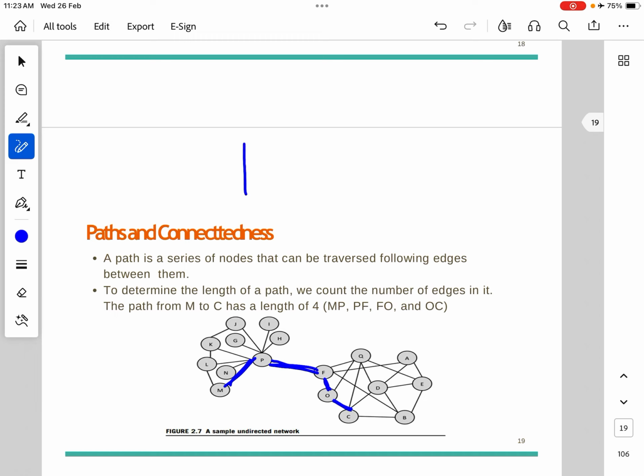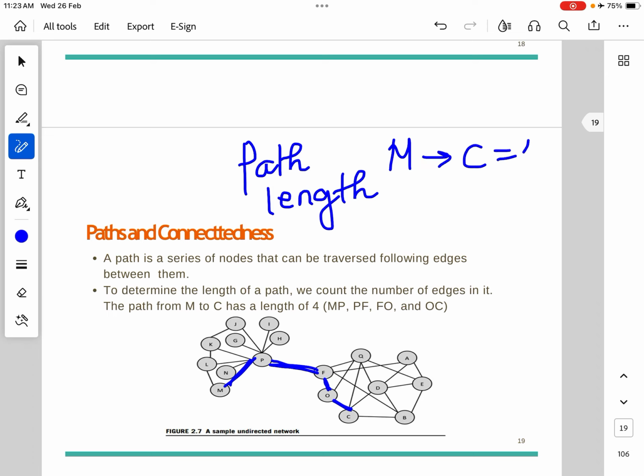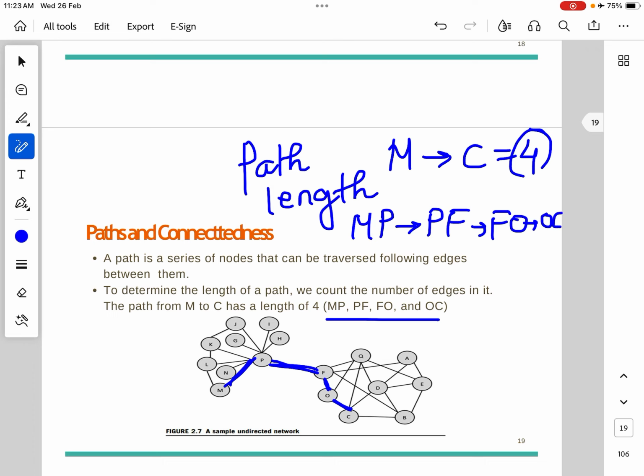This is the path length from M to C equal to 4. How will you traverse? MP, PF, FO, OC. I think this is easy.